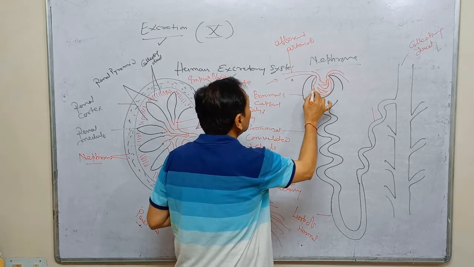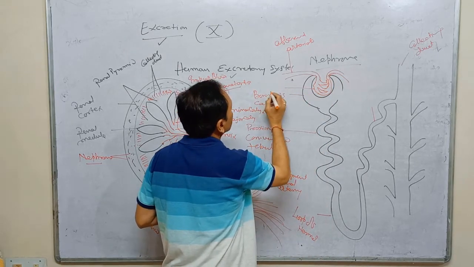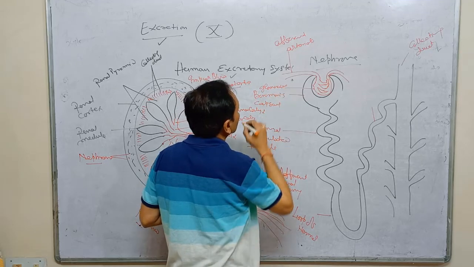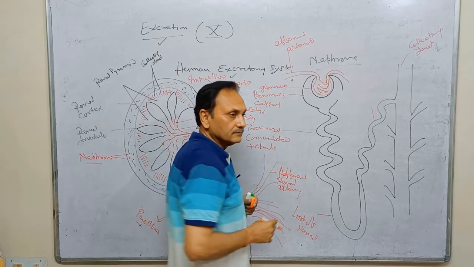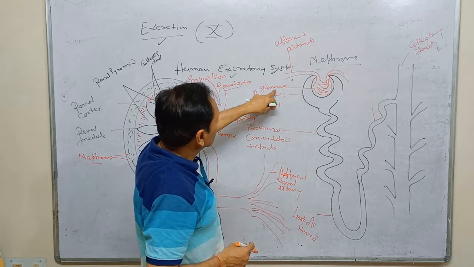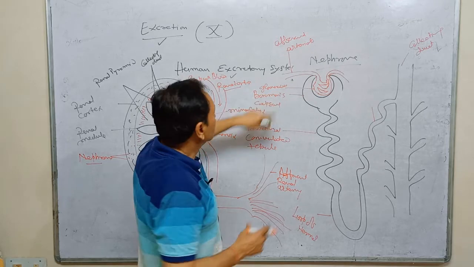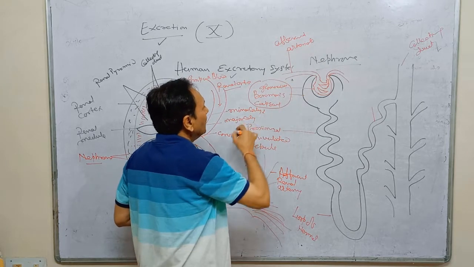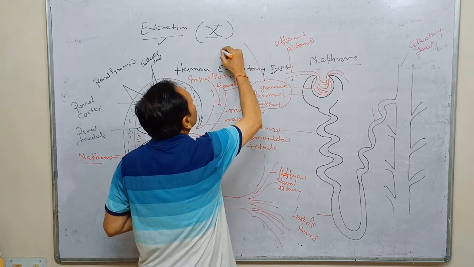It is called glomerulus. This Bowman's capsule having glomerulus is called Malpighian body.